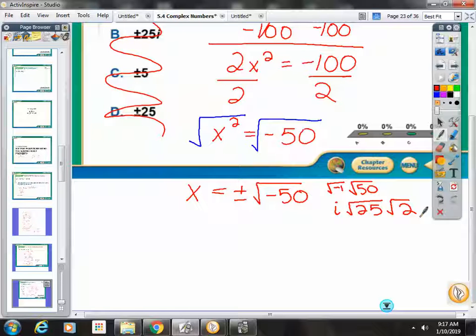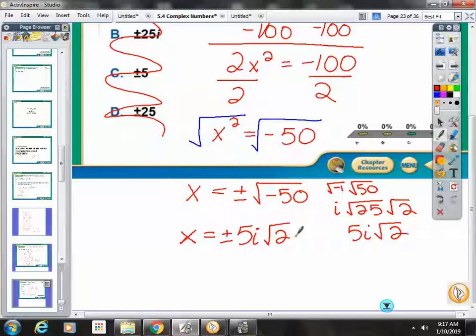What is the square root of 25? 5. So we could say 5i square root of 2, plus or minus 5i square root of 2. And again, that's all we can put for our answer at this point.